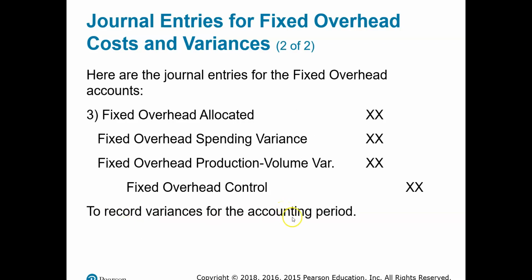And then finally, we're going to close out the fixed overhead accounts by debiting fixed overhead allocated, crediting fixed overhead control, and then we will either debit or credit the spending variance and production volume variance based on whether they're favorable or unfavorable.